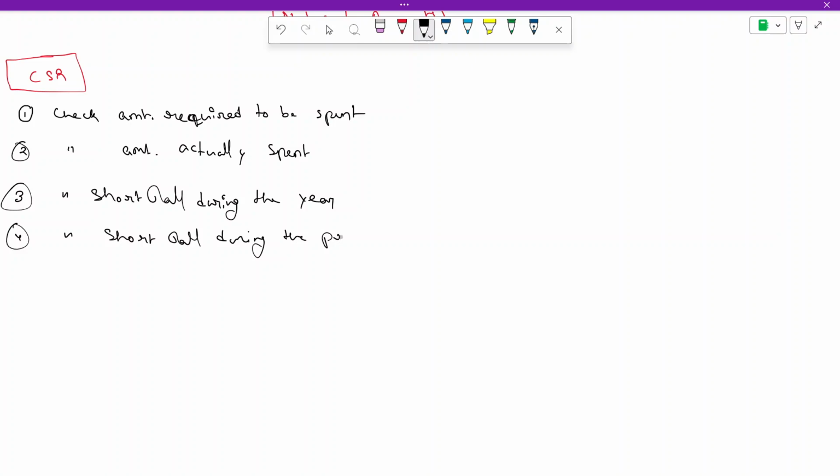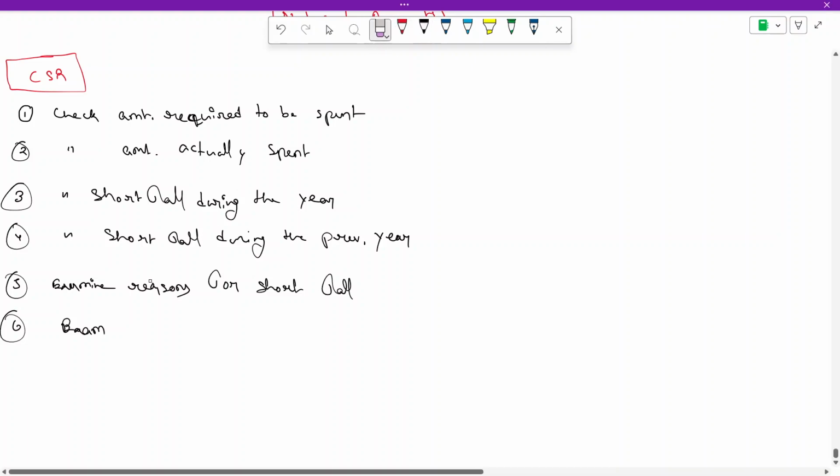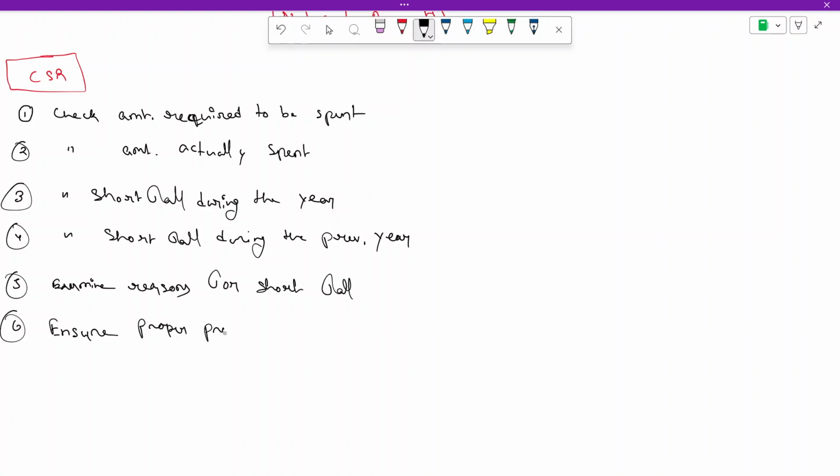Then examine reasons for shortfall. Ensure proper provisions are made.